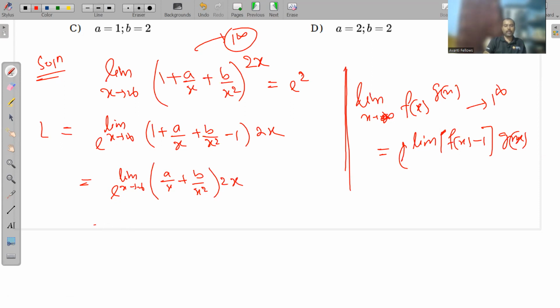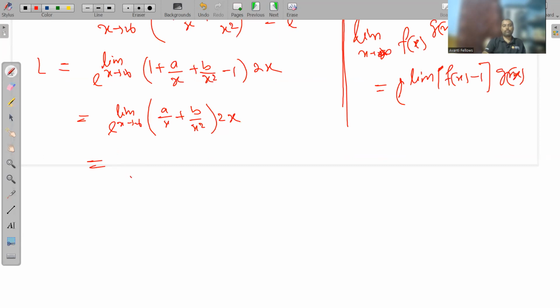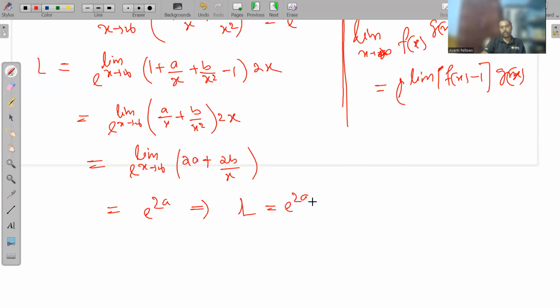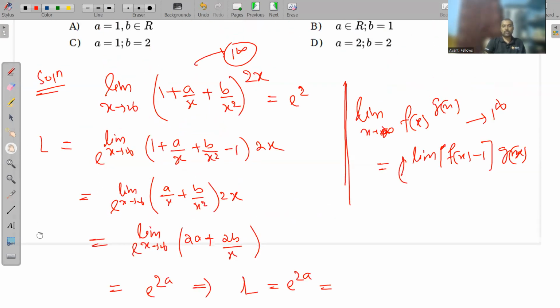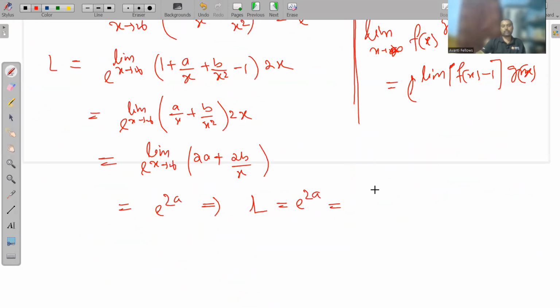So this becomes 2a plus 2b by x. If we put the limit, we get e to the power 2a, and it is given as e square.